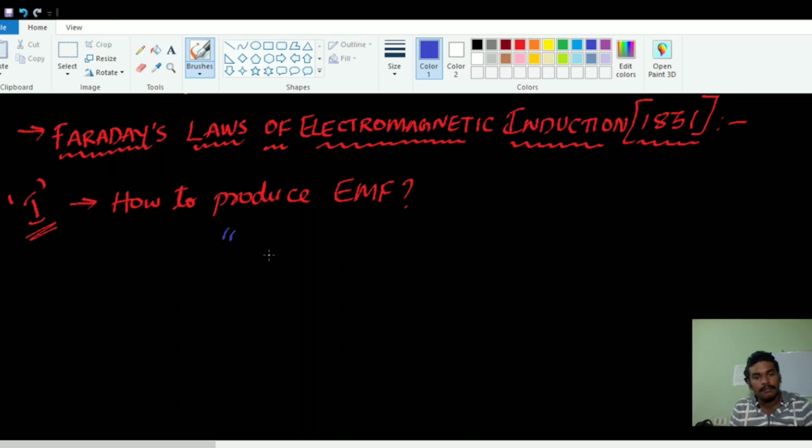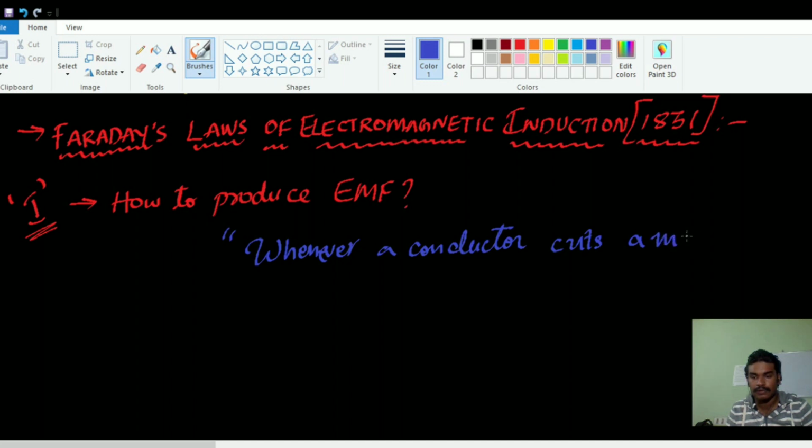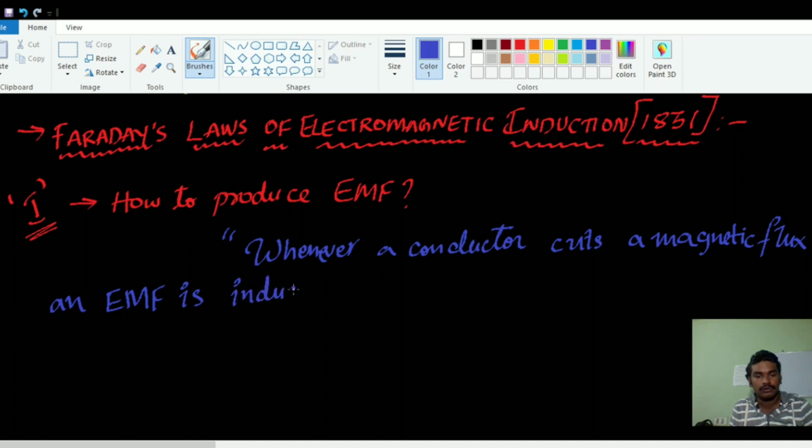We will start quickly by stating the law: whenever a conductor cuts a magnetic flux, an EMF is induced in it.